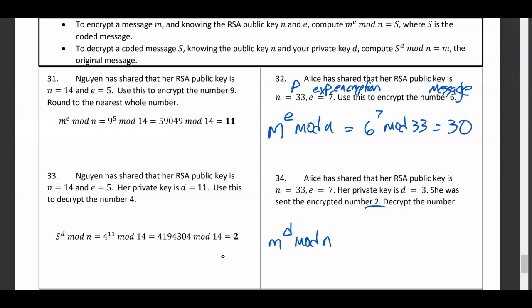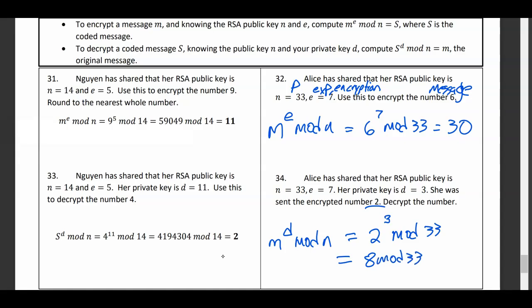And then the other number and the shared stuff is the mod whatever. So in this case, we want to decrypt 2. The decrypt key is 3, mod 33. And now that's just 8 mod 33.